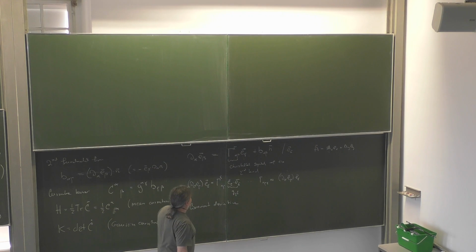So covariant derivative is just a fancy word for taking your regular derivative and then chopping off everything which is sticking out of the surface after I take the derivative.